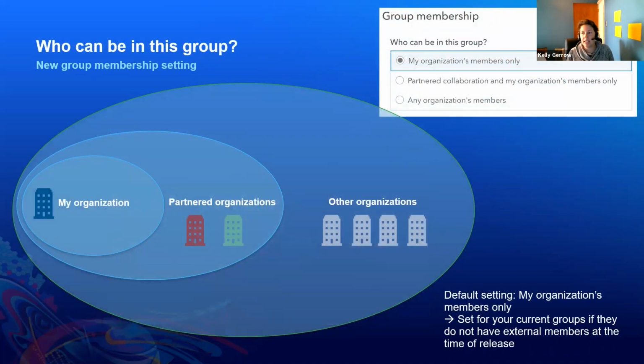So really what has happened with partnered collaboration is once a partnership is set up, there's a new membership setting. As you can see here, before the release, there was just the option for who can be in this group: my organization's members only, or any organization's members. And now we've opened up the capability to have partnered collaboration and my organization's members only.